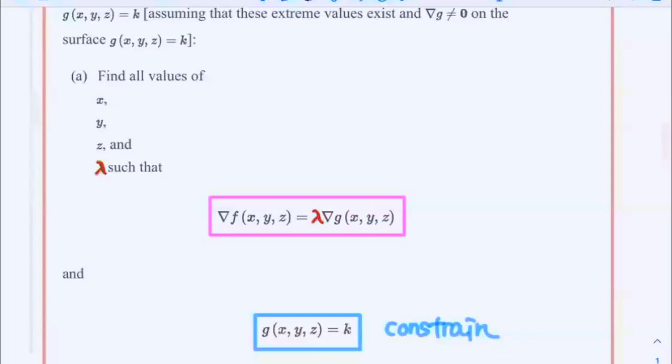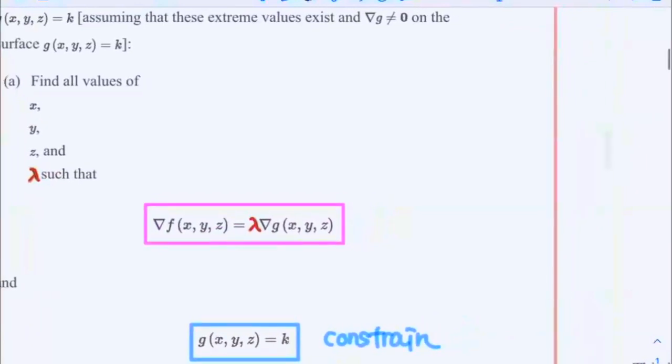Someone might say there are only two equations, but actually this one over here can be split into several equations, and with the constraint we should have four equations. So that was the first part.